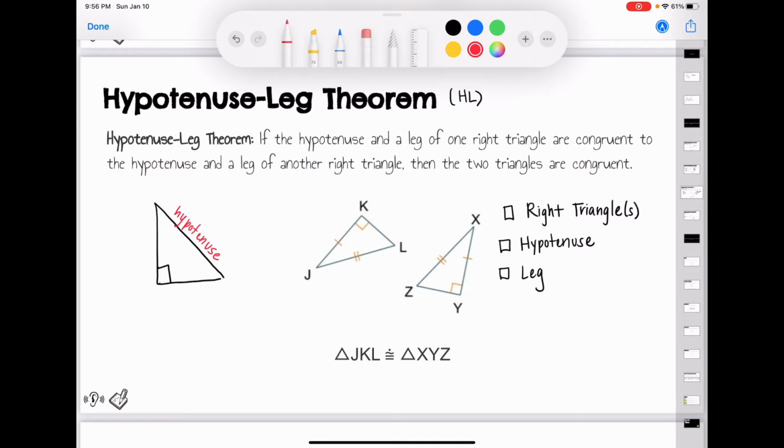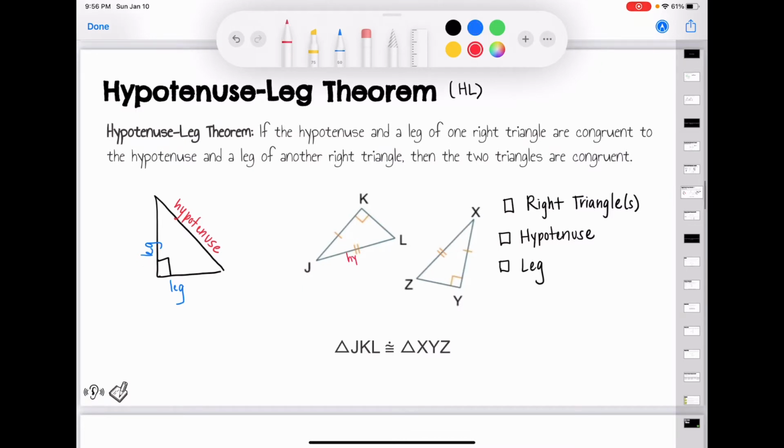Whatever sides are not our hypotenuse are our legs. So this would be a leg, and this would be a leg in relation to sides. So you have a hypotenuse side and two legs. That being said, if we want to look at our triangles, we can identify the hypotenuse being our longest side. So here's our hypotenuses, and here are our legs.